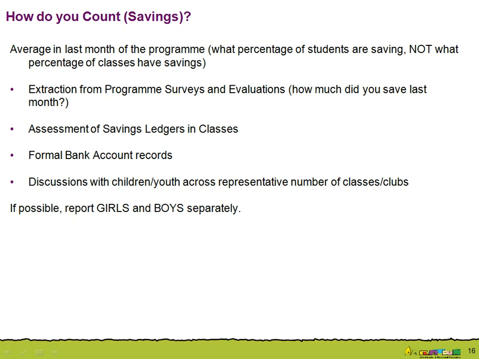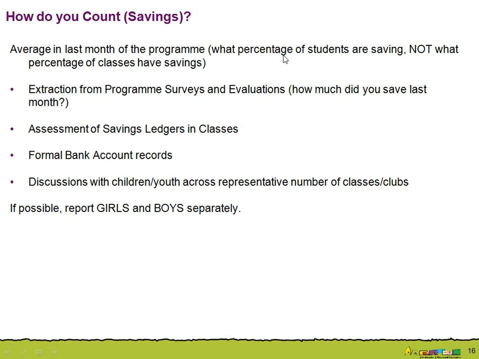This is the percentage of students, not the percentage of classes. So, for example, you might have 10 classes, all of which have savings, but in those 10 classes, only 50% of the students actually use the savings process. So you should report 50%, not 100% in that example. So it should be the percentage of students who are saving in the final month of the program.